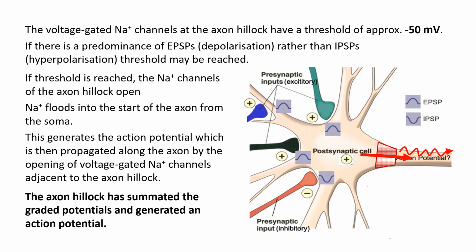At this point, the axon hillock has summated the graded potentials and it's generated an action potential. And that is the job of the axon hillock. It's to summate the graded potentials, whether they be EPSPs or IPSPs. And then if the EPSPs are more than the IPSPs, it will reach threshold and generate an action potential.